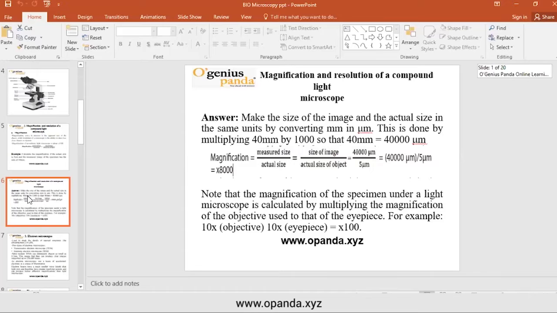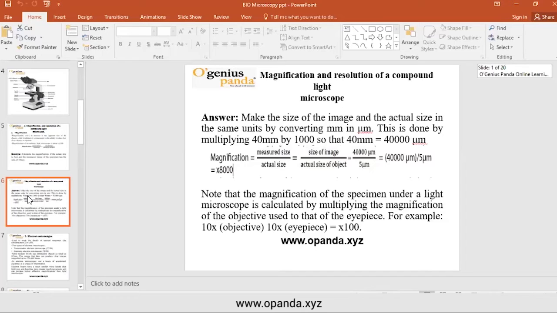So magnification is equal to the size of the image, which is 40,000 micrometers, over the actual size of the object, which is 5 micrometers. That is equal to times 8,000.